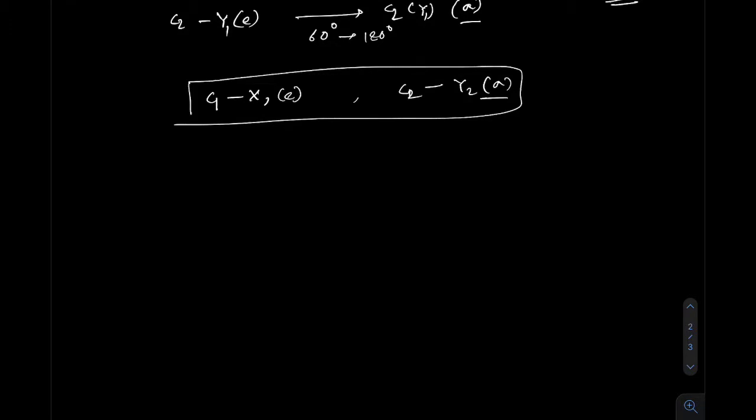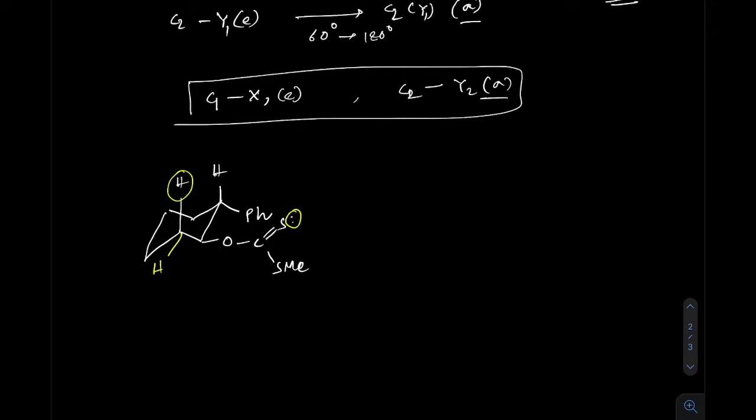In this case, the O C double bond S methyl is also equatorial, okay. This sulfur cannot take this equatorial hydrogen because, as I have previously explained, only an axial and equatorial, or you can say the cis group, can take part in pyrolysis.